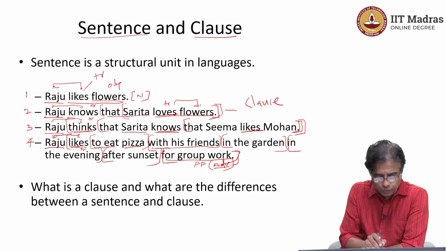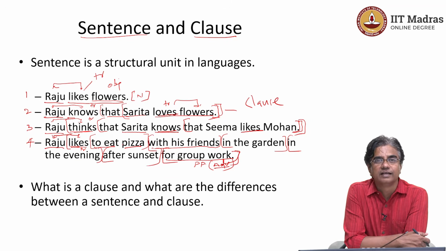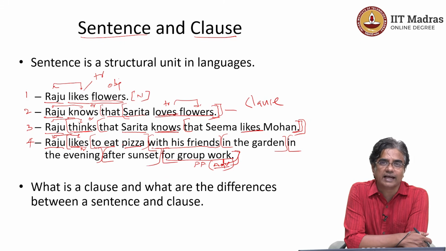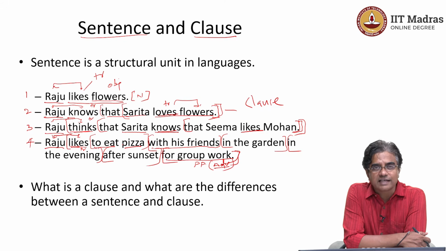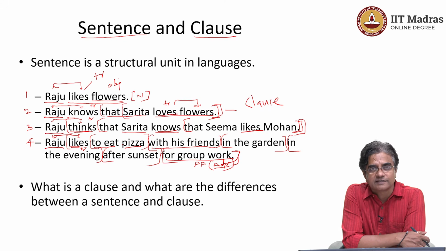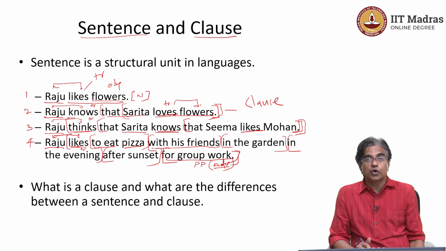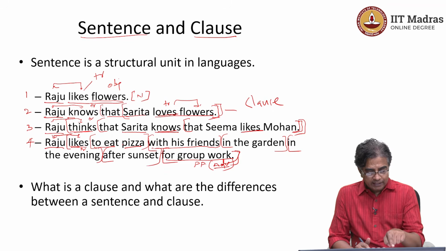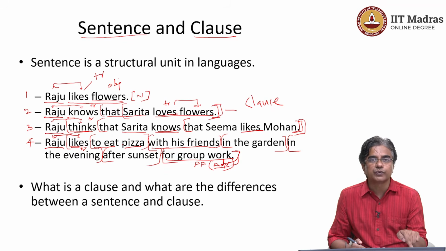It is to eat, meaning it doesn't have any tense and it doesn't have any agreement on it. It's called an infinitival sentence. It's called a non-finite sentence. And the subject here is not overtly present because we are talking about Raju himself.